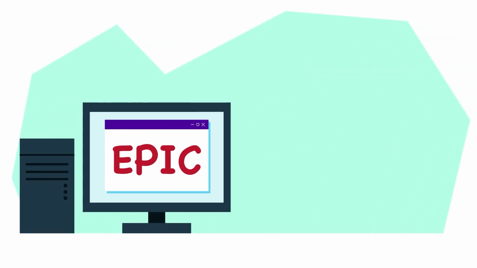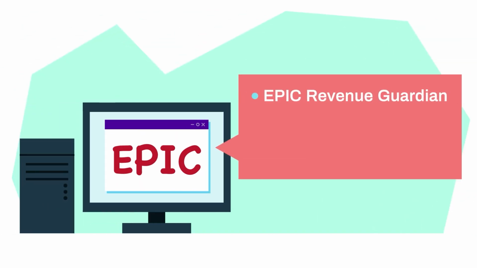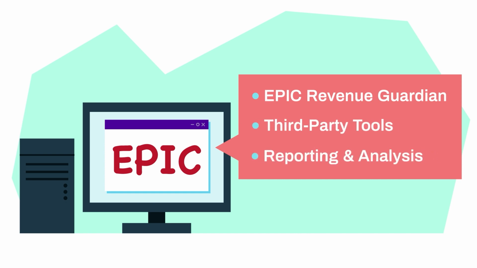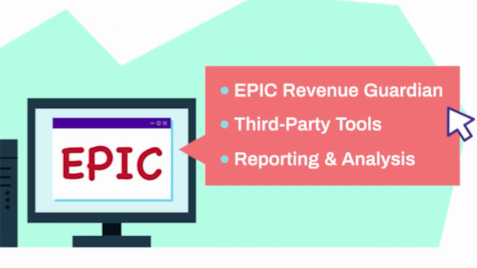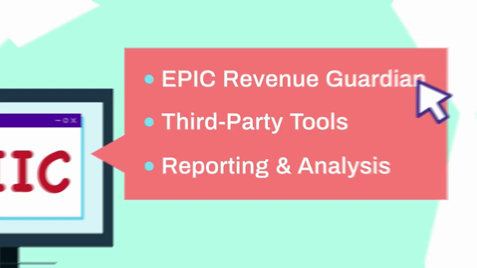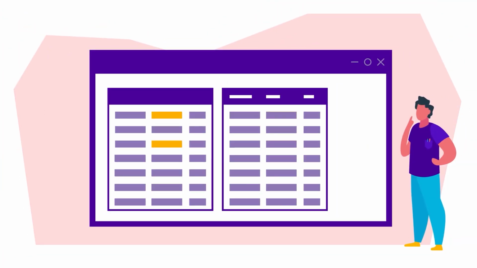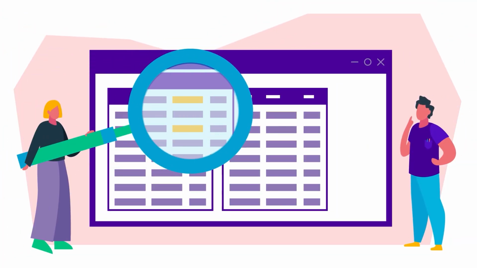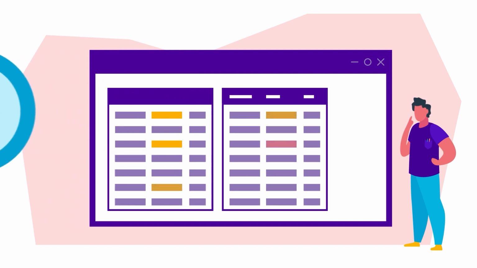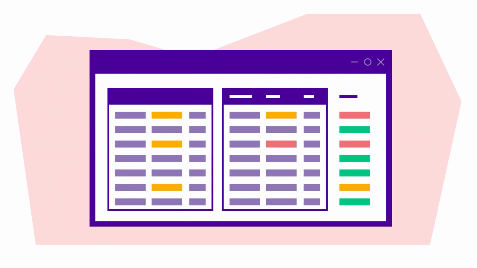In addition to Epic's built-in functionality, there are other tools that help providers manage the charge capture and reconciliation processes to ensure accurate billing. Epic Revenue Guardian is a free module included with some versions of Epic that can help providers ensure charge capture. Revenue Guardian uses rules to scan the system for data that matches certain dependencies.